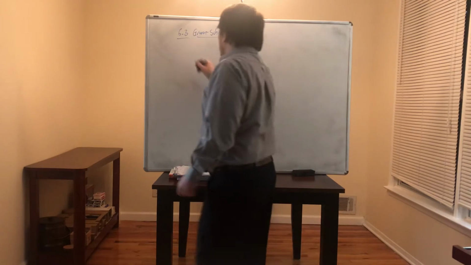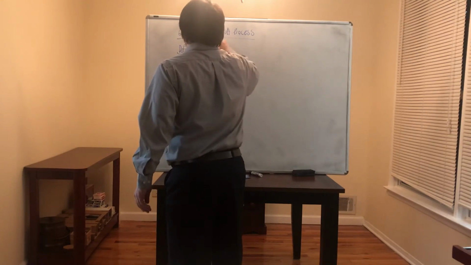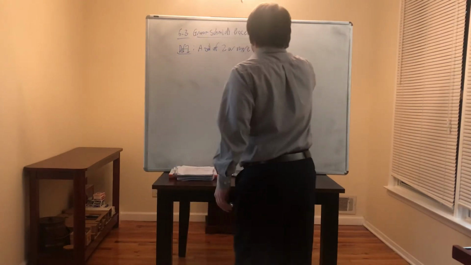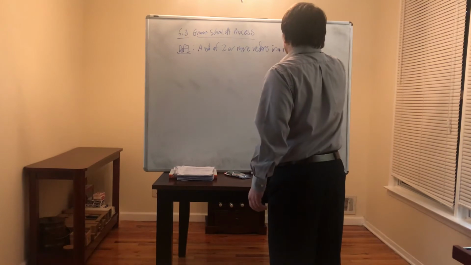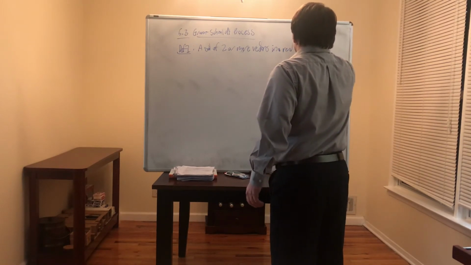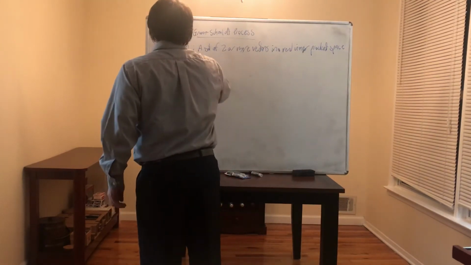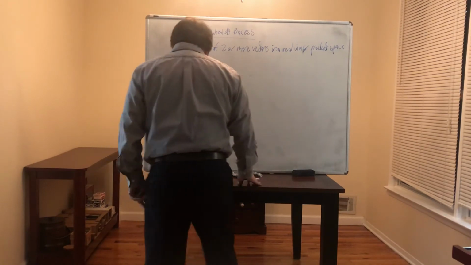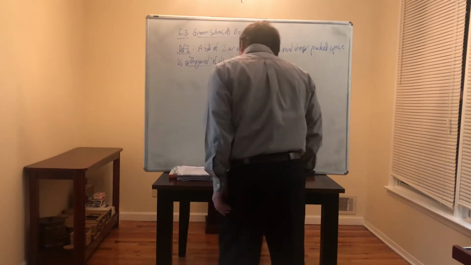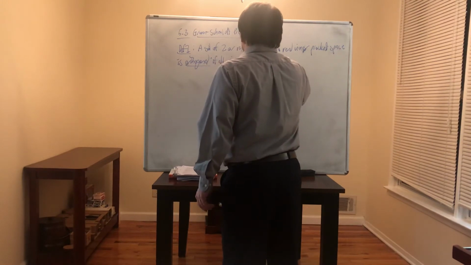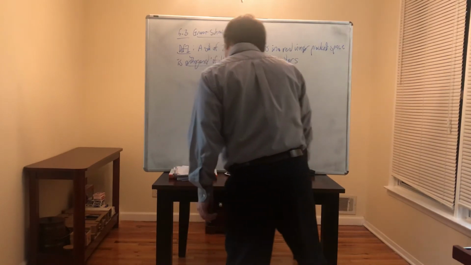Okay? So definition 1. A set of two or more vectors in a real inner product space is orthogonal if all pairs of distinct vectors in the set are orthogonal.